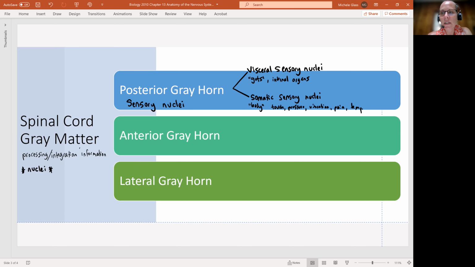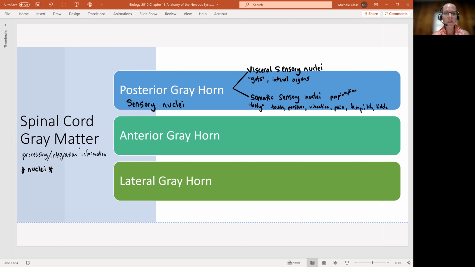I think we mentioned itch. We mentioned tickle. We mentioned proprioception, right? That understanding of the position of our synovial joints, so the position of our body in space. This information is going to be coming in and being processed at the somatic sensory nuclei. All of that is in the posterior gray horn.